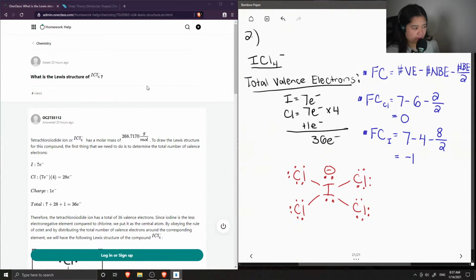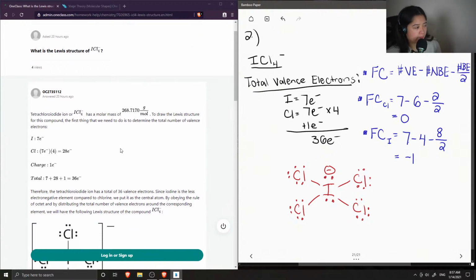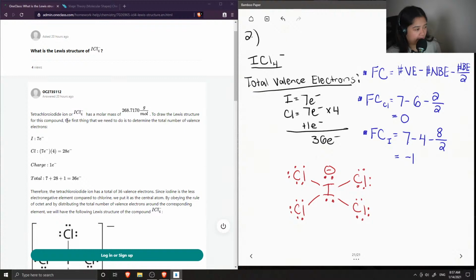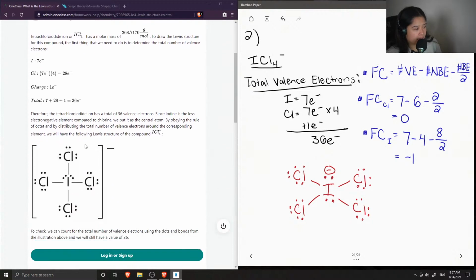So now let's see what the junior tutor said. Tetrachloroiodide ion has a molar mass of 268.7 grams per mole. To draw the Lewis structure for this compound, the first thing we need to do is to determine the total number of valence electrons. So they got 36.